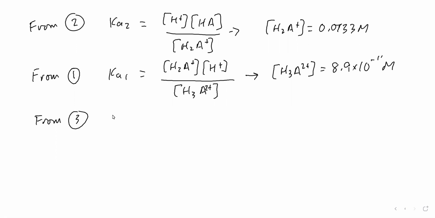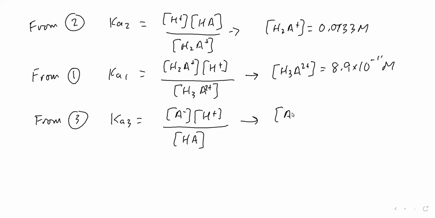So from number 3, once again, we know H+. We know the value for HA, that's going to be 0.1. We know the Ka3, and that's going to give us a value for A minus. And that value that I get is 0.0132.